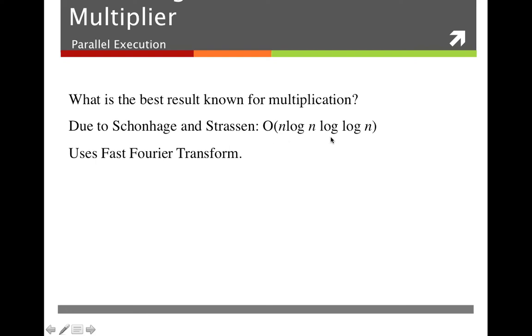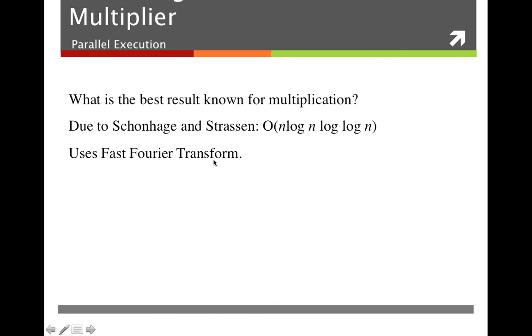This is again a sequential algorithm, compared to Karatsuba-Ofman's n raised to 1 plus epsilon kind of result, which certainly surpasses this in complexity. And they use a fast Fourier transform.